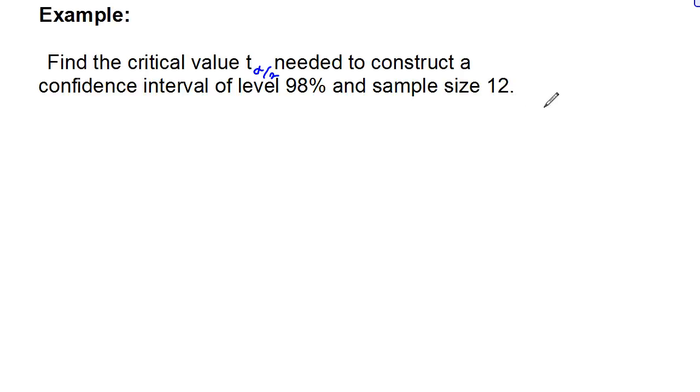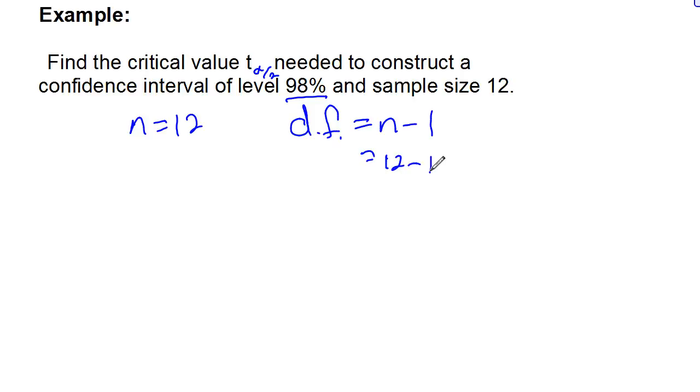Well, our n for this one is 12, and our confidence level is 98%. So our degrees of freedom are going to be n minus 1, which is going to be 12 minus 1. So that gives me 11 degrees of freedom.